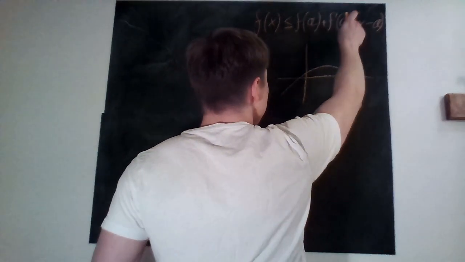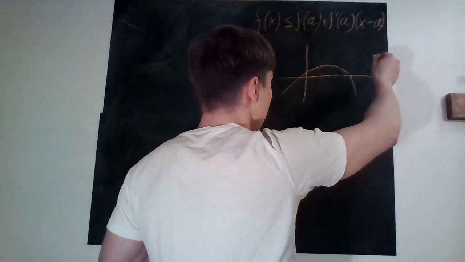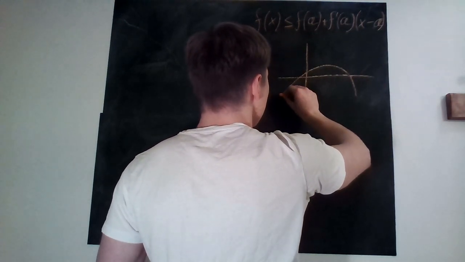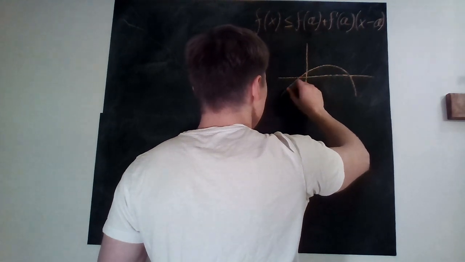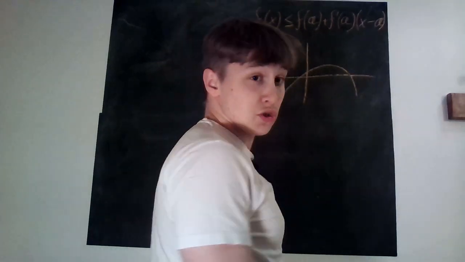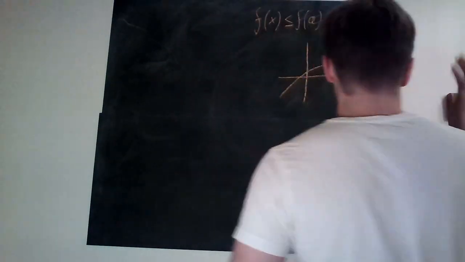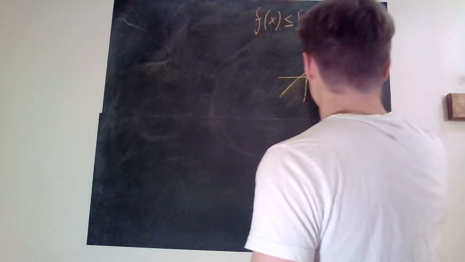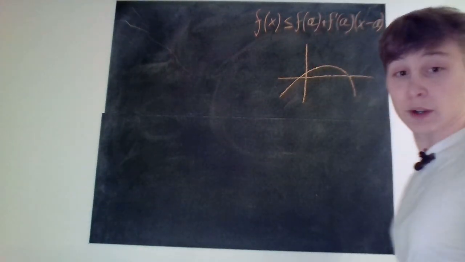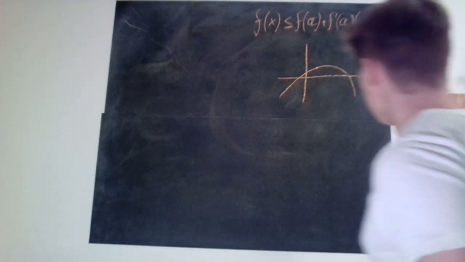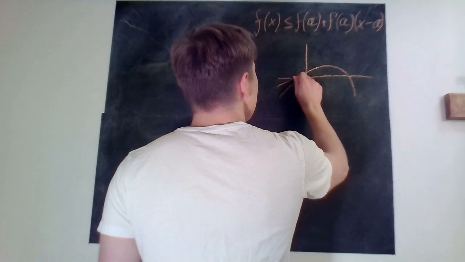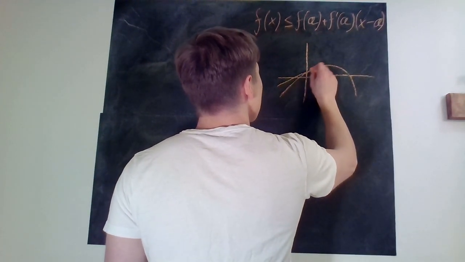for our a here kind of means where we're doing our linear Taylor polynomial from, and then the x is just the rest of the function basically. So if I were to choose this point, then what would my Taylor polynomial look like? Of course, it would just look like this.